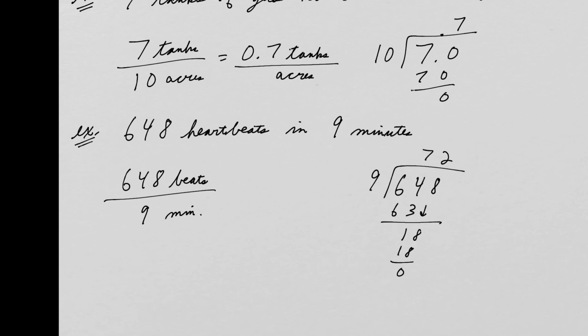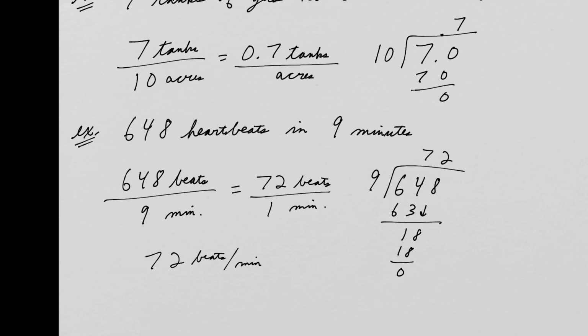So this is the same thing as 72 beats per 1 minute. Or we could say 72 beats per minute, right? You don't have to write the 1 there. So really, what are we ending up with? The heart rate, right? The heart rate is 72 beats per minute. It's always per 1 minute. So it's really just a unit rate.